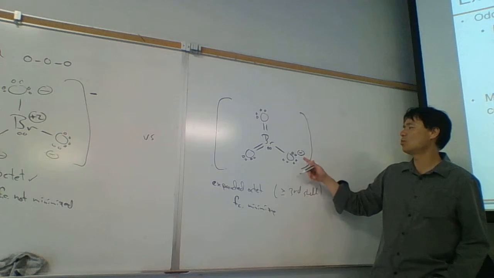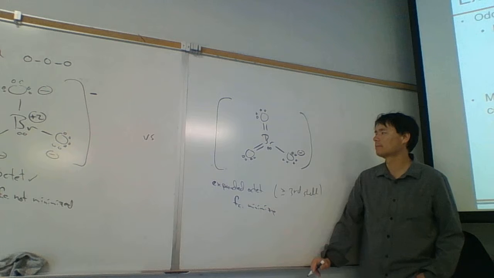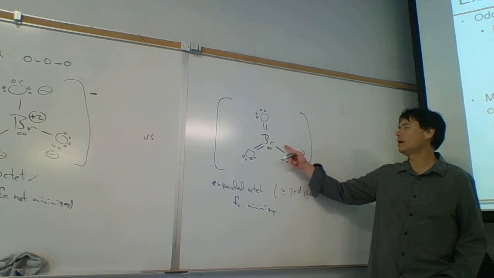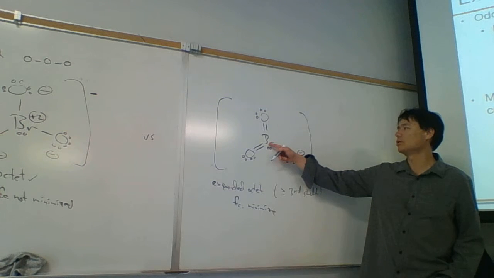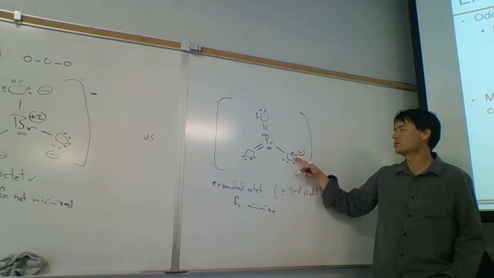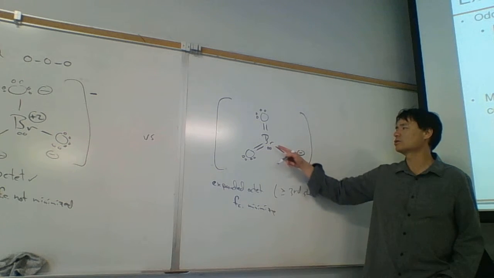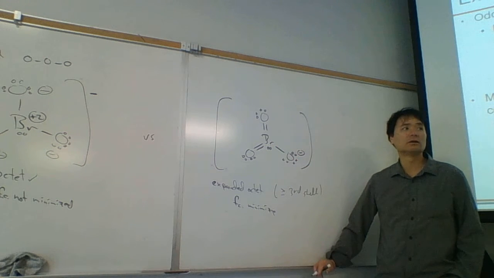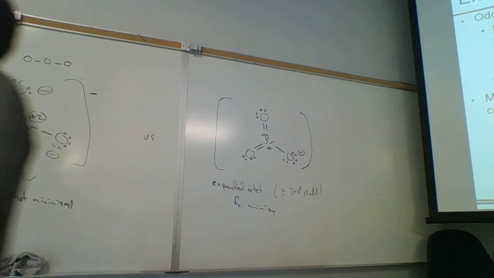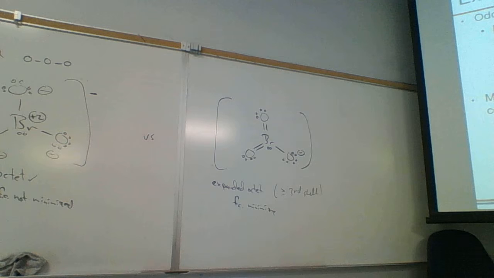There's got to be at least one negative charge here. So if I made another double bond here, then that negative charge would go to bromine. If I keep this a single bond, then the negative charge goes to oxygen. Which one wants the electron more, bromine or oxygen? Oxygen.